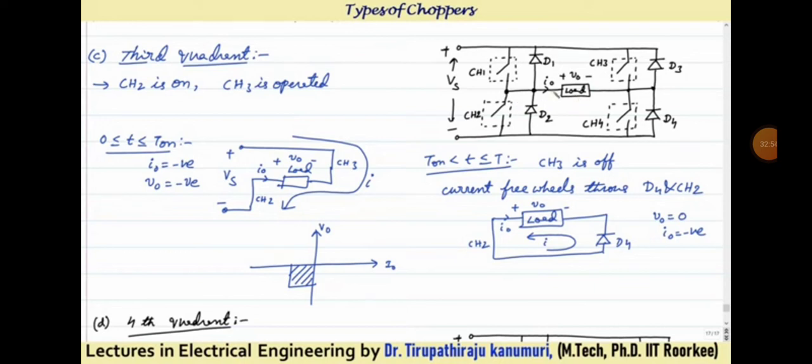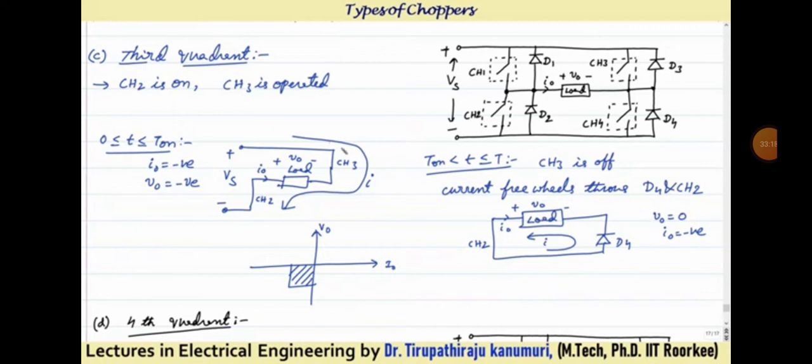CH2 is already closed, so the load current can come through CH2. As it passes, D4 will be forward biased and the load will start freewheeling through the diode D4. So in this case, output voltage is 0 and the current is in the opposite direction. That means I0 is negative, V0 is 0.